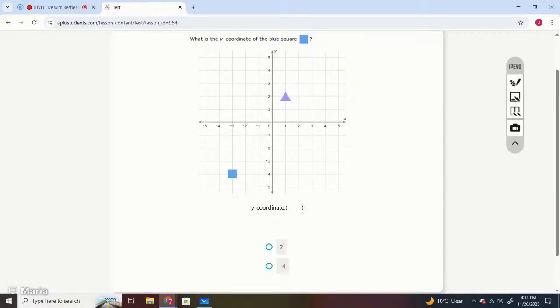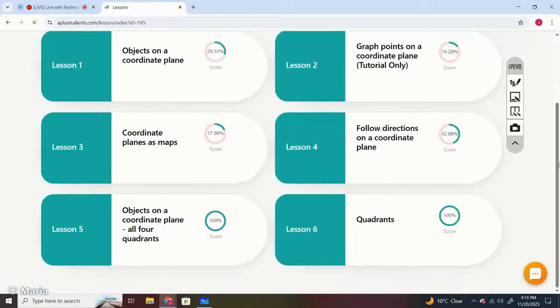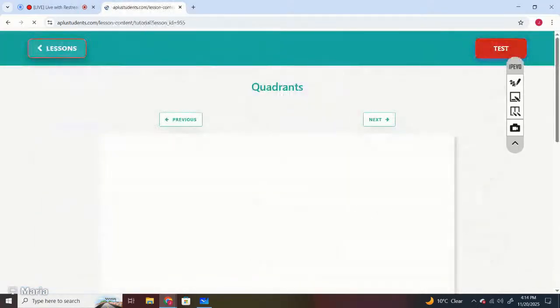The y coordinate of the blue square is -4. Option number 2 is the correct option. Okay, we are done with the lesson. The last lesson is, let's just start with the lesson.